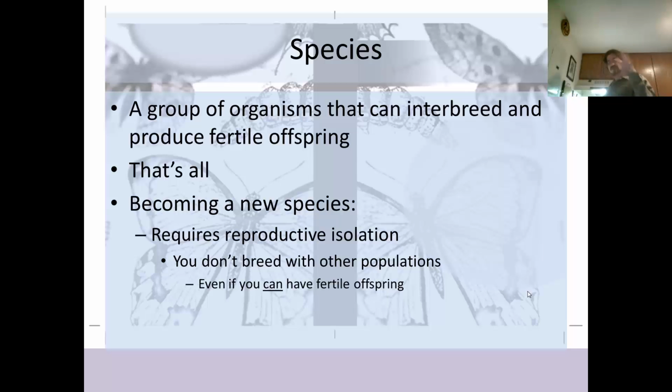You can have this group of organisms here that can interbreed and have fertile offspring, and they're species A. And this group of organisms here that interbreeds and has fertile offspring, and this is species B. And if you, in the laboratory, forced species A and species B to have offspring, they would have fertile offspring. So how come species A is its own species and species B is its own species? The answer is reproductive isolation.